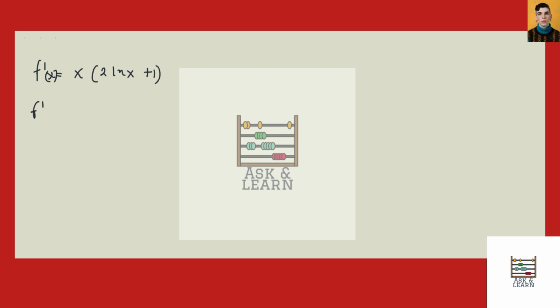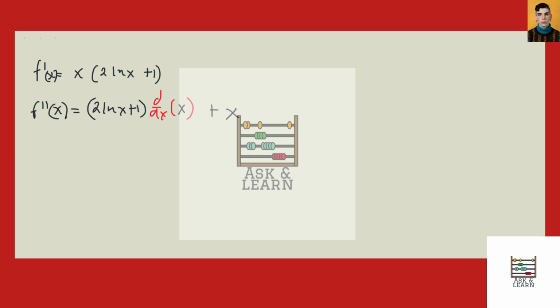Now to find f double prime, we'll use the product rule again. We write the second one, take the derivative of the first, and then add them in the opposite order.